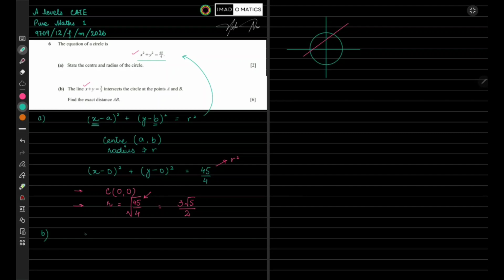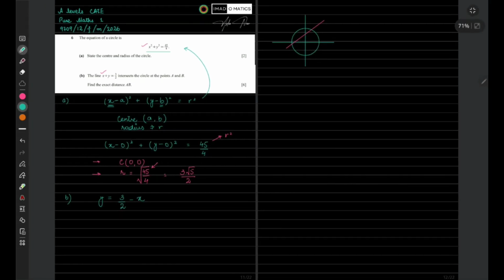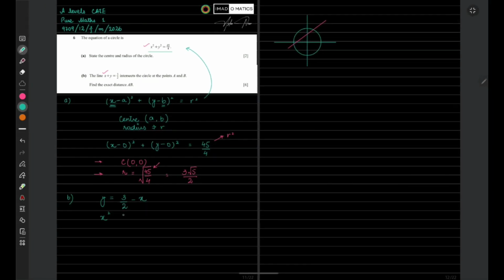So let's say y equals 3 over 2 minus x, substituting it in x squared plus y squared equals 45 over 4.